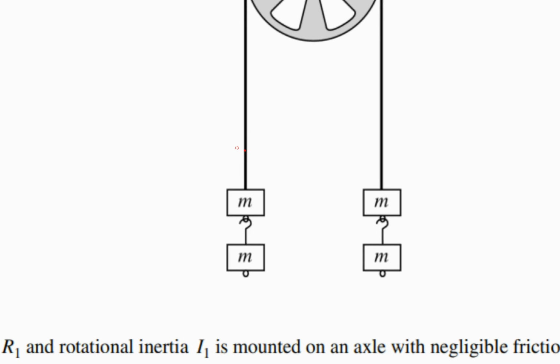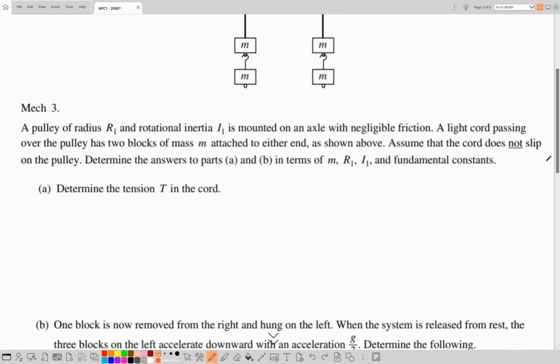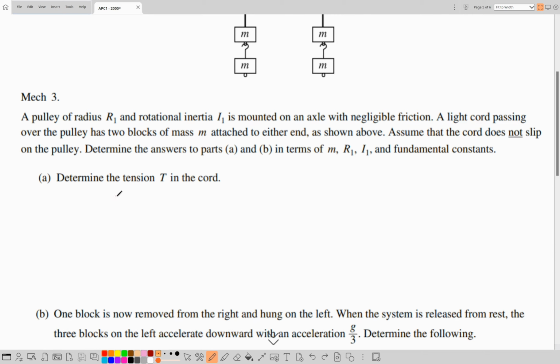So if you consider, for example, the left cord, what are the forces acting here? We have the tension up, and the two blocks combined exert a pull of gravity given by 2mg downward. So we can safely say in this case that 2mg is equal to the tension T, and this is the reason given by balanced forces.